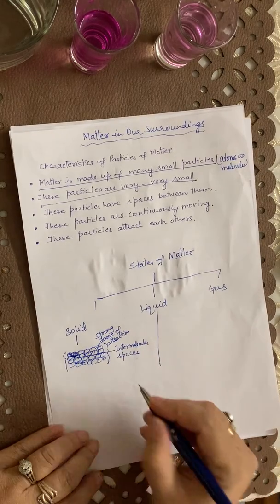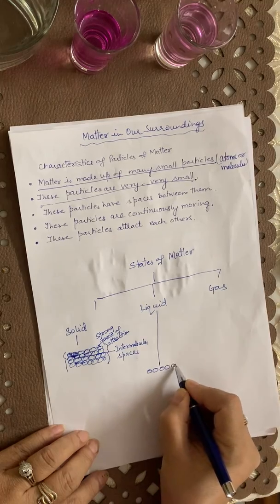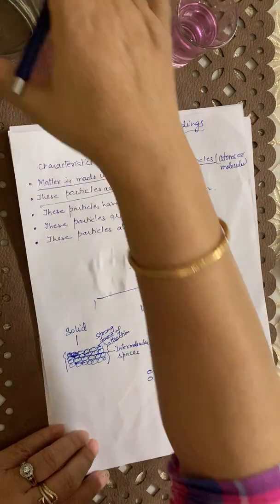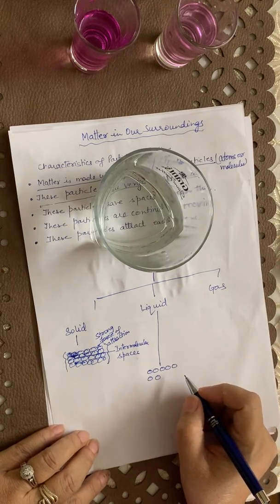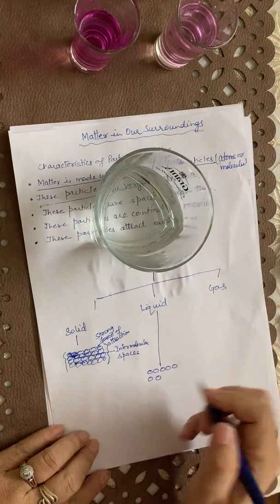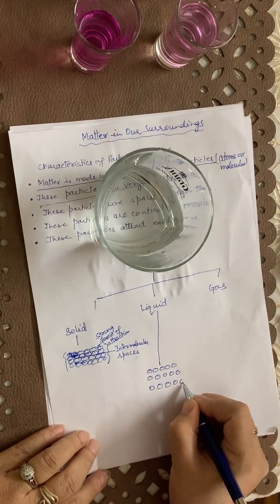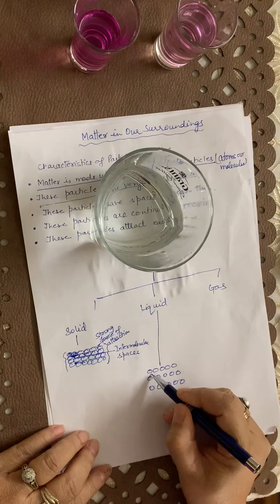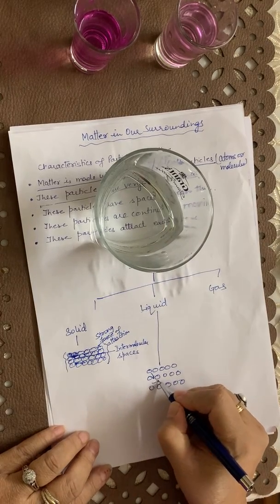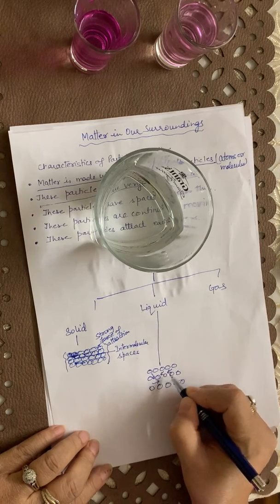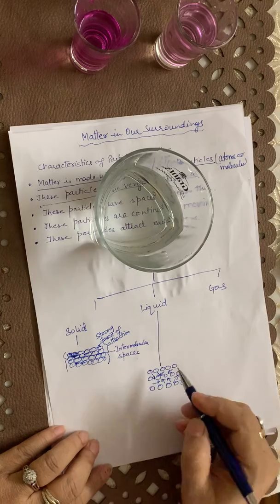And if I talk about the liquid state, this is water. Water is the liquid state of matter. In the case of water, the arrangement of particles is like this. When I put sugar into it, the sugar gets accommodated in between the spaces.